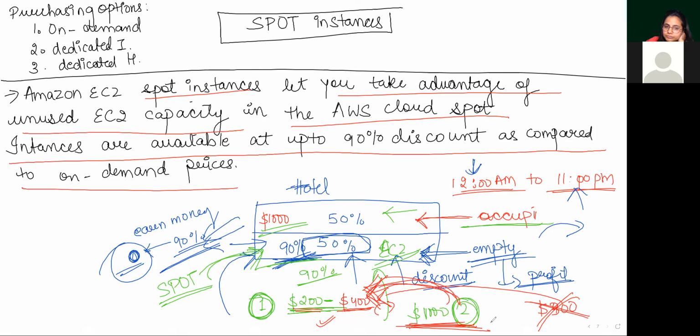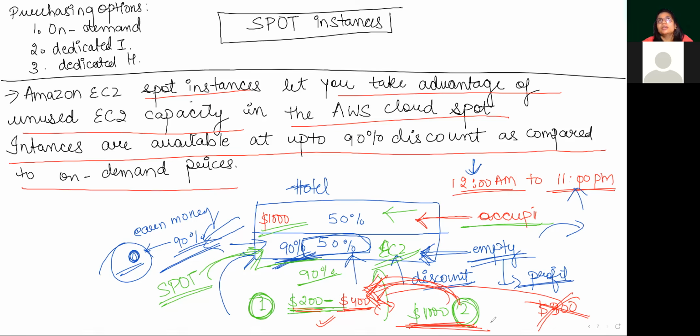Getting it? It's making sense to you? Well, I'm just trying to understand that if I buy a spot instance, I'm going to get like a 90% discount compared to on-demand prices, which is going to be a lot cheaper. Yeah, it will be very cheap, because a 90% discount on anything will be very much cheaper.